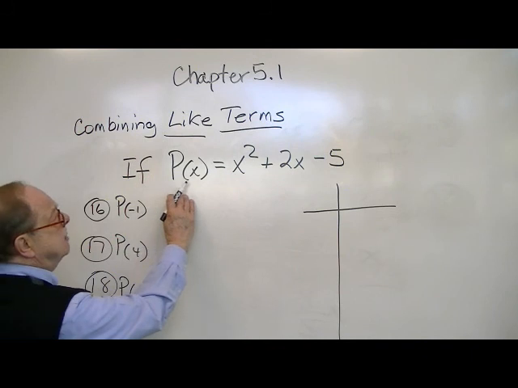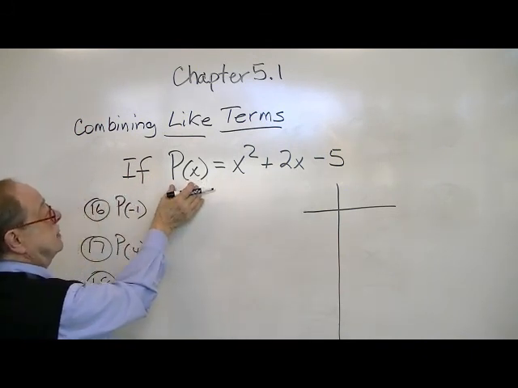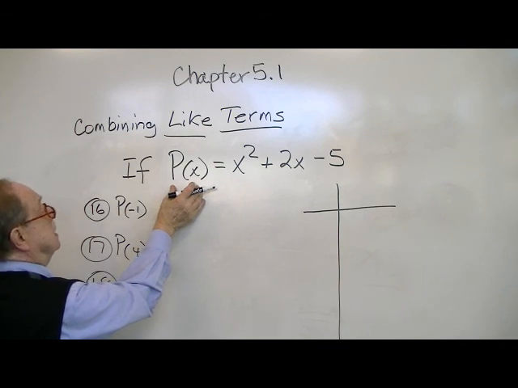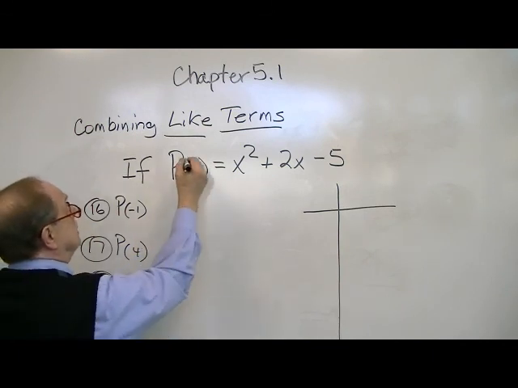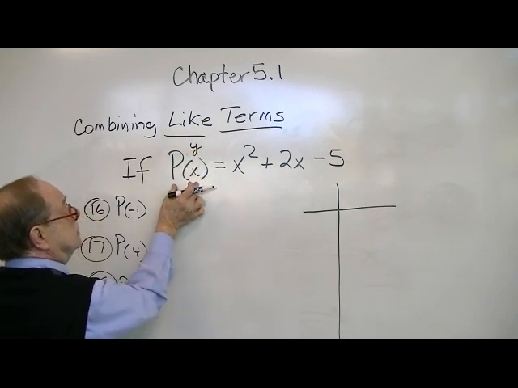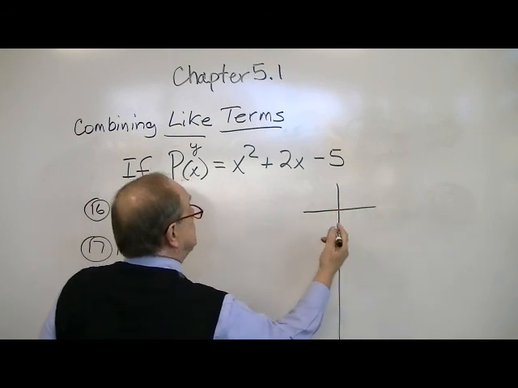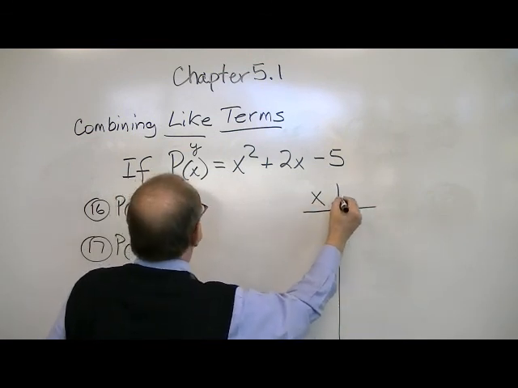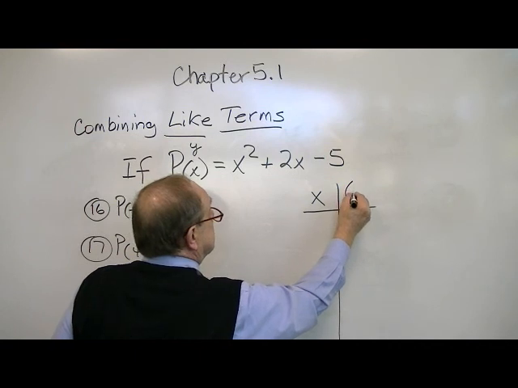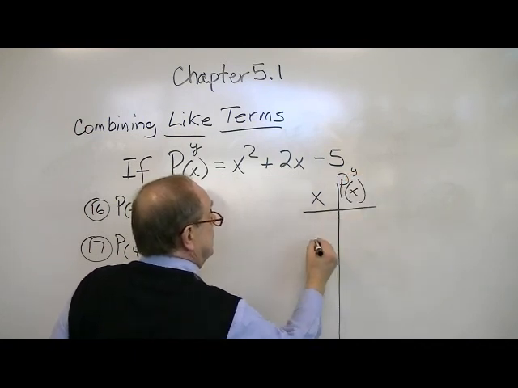Here, this is a function problem. And this is function notation. If you recall from chapter 3, we can always substitute the letter y for the function symbol. So here, in our t-chart, we can put an x, and we can put this, p of x, or we could put a y there.